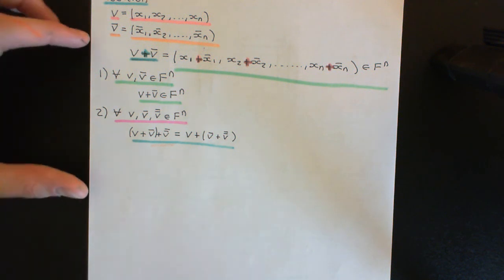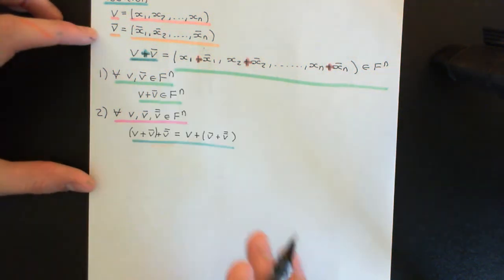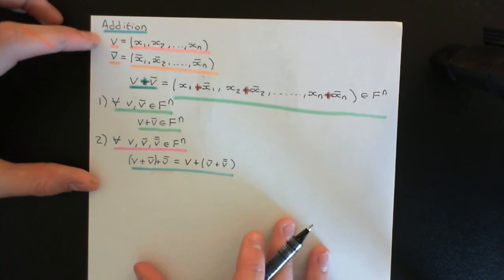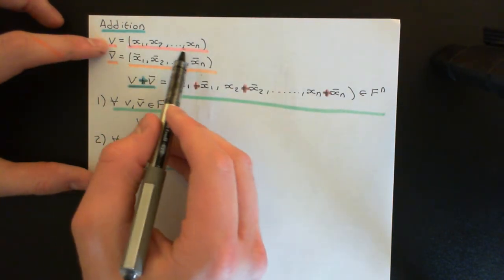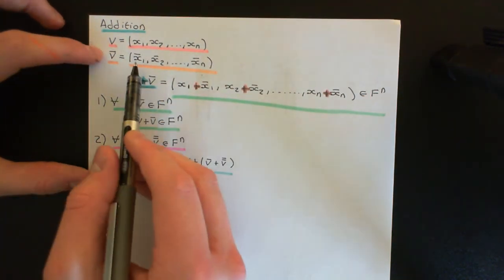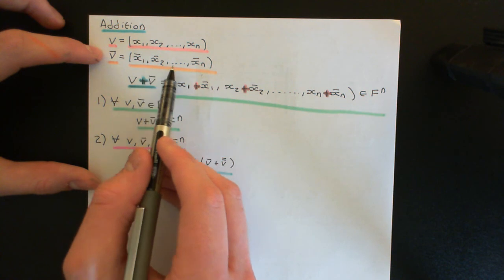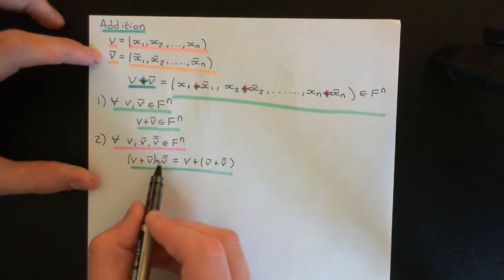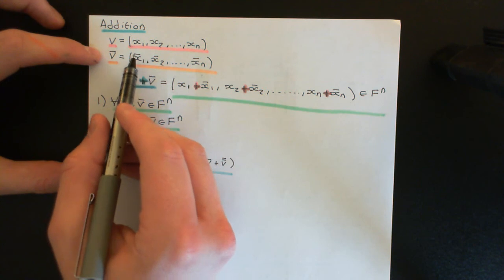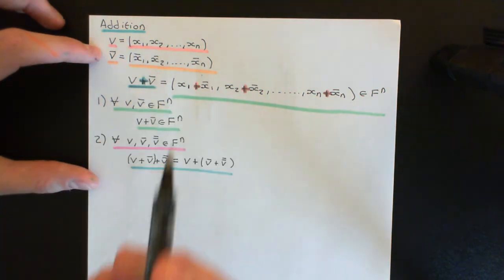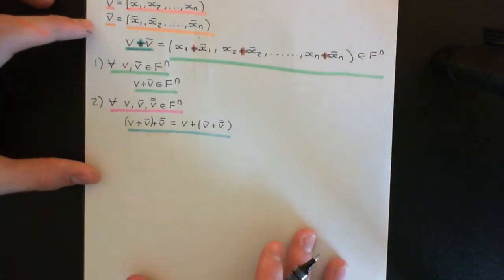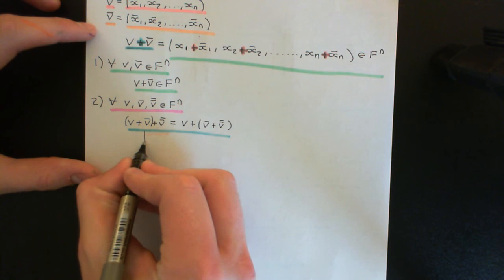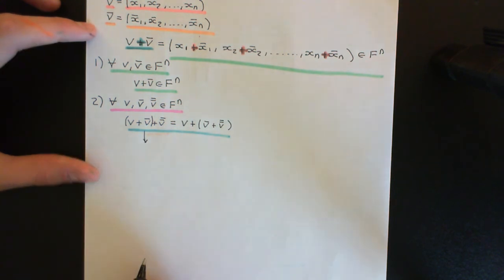So we want to make sure that our definition of addition is actually going to obey this. Once again we'll use the same sort of notation: v is equal to x1, x2 all the way up to xn, v bar is x1 bar, x2 bar all the way up to xn bar, and we'll let v double bar be x1 double bar, x2 double bar all the way up to xn double bar. So let's now explore what the left hand side would actually be.